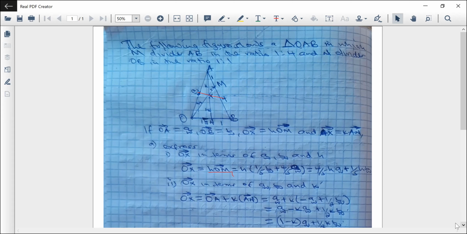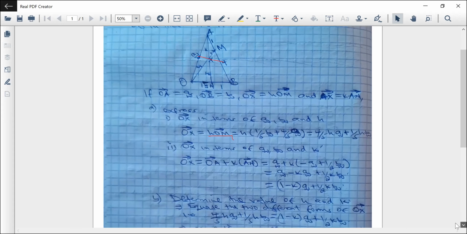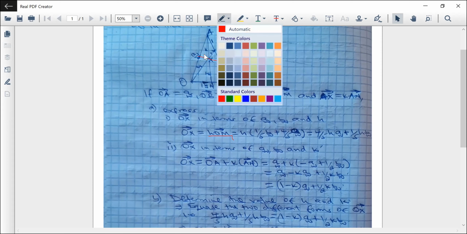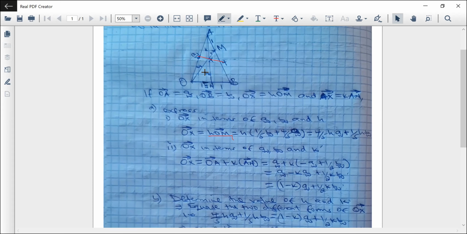Now we go to vector OX in terms of vector A, vector B, and constant K. Vector OX is equivalent to, like vector is like you are walking, you move from here, vector OA, then vector AX.